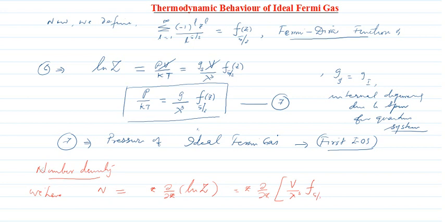When you take dou by dou z, we are keeping the temperature constant, so lambda cube and v can be taken outside.